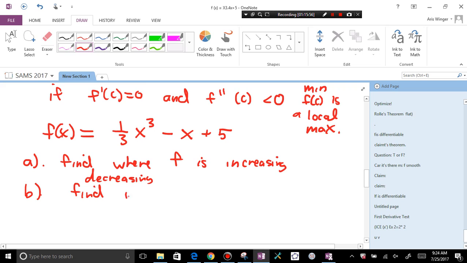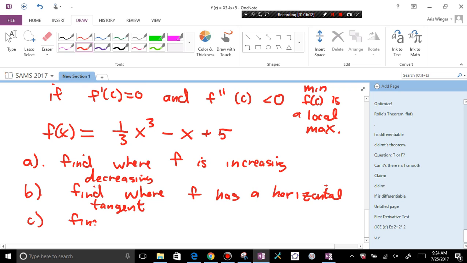Find where f has a horizontal tangent. Find local extrema. Right, so I just introduced that term. Don't be intimidated. Local max or min.